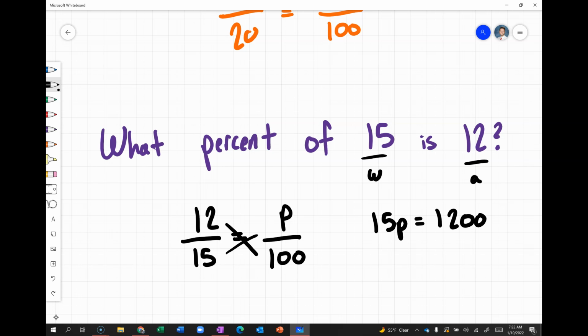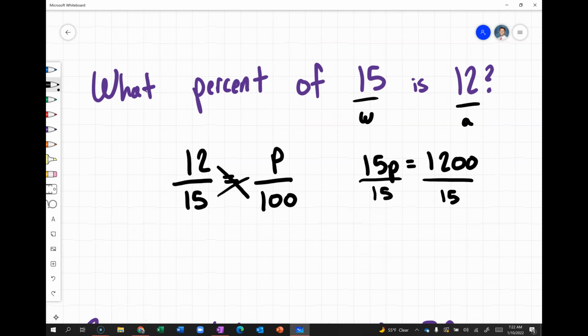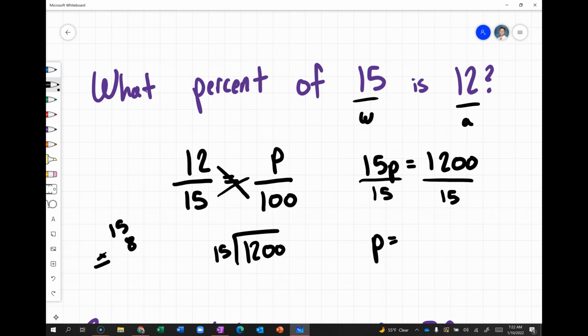Now all we have to do is solve for P, so we divide both sides by 15. 15 goes into 120 eight times. So P is equal to 80. 12 is 80% of 15.